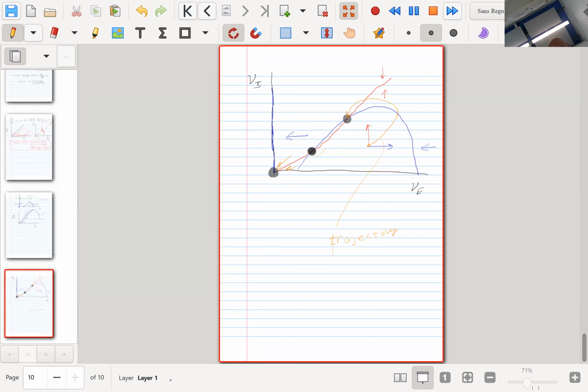But this one you don't know, right? Wait, hold on a second. You pull to the right and up, but once you get to here, this is an important point.